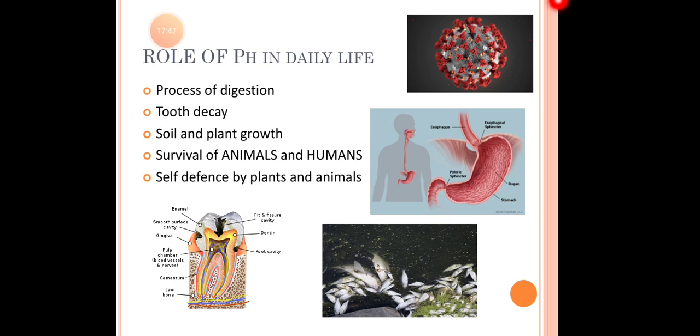They all are bases. When these bases are strewn on the soil, mixed with the soil and the soil is watered, it neutralizes the soil and that will help the plants to grow properly and in a healthy way.